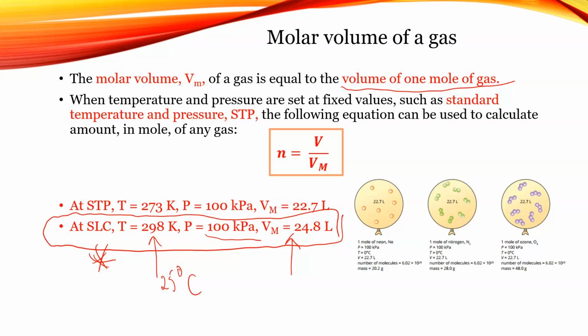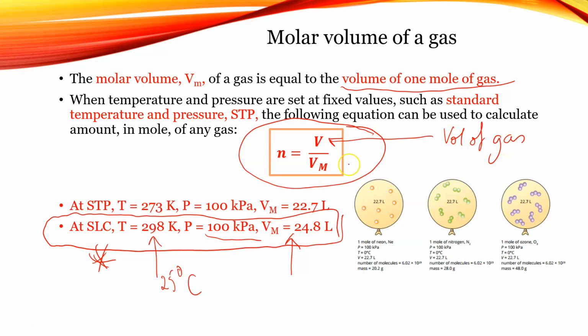So the equation, and once again, this is in the data book in Table 3, the chemical relationships. The equation that you can use for SLC to work out moles of a gas is N equals V over Vm. So V is the volume of the gas, and Vm is the molar volume.